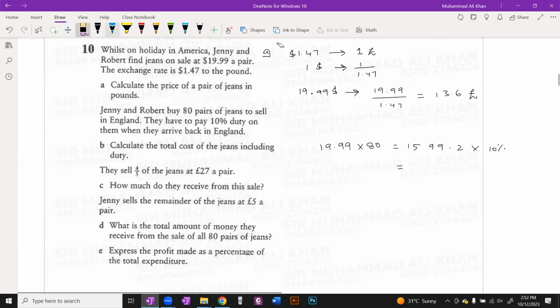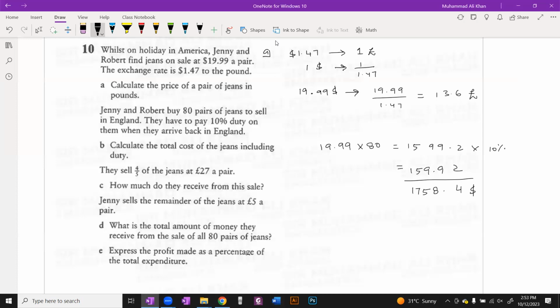Only I'm asking about the 10% of this. So it will be 159.92. Add both of them. So what is the final answer? 1758.4. This is the total amount they have to pay when they arrive back in England, right?